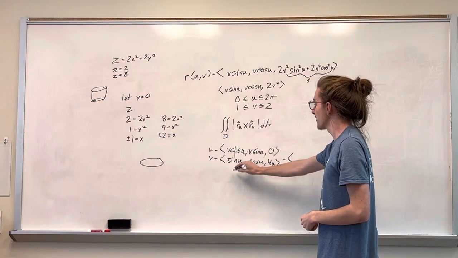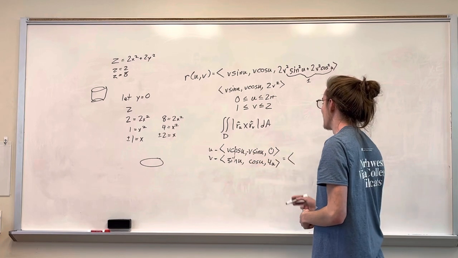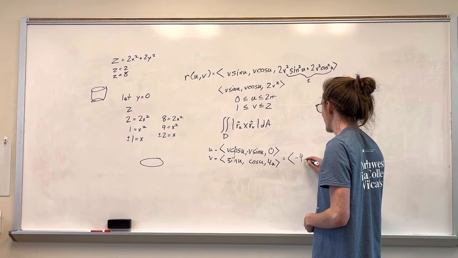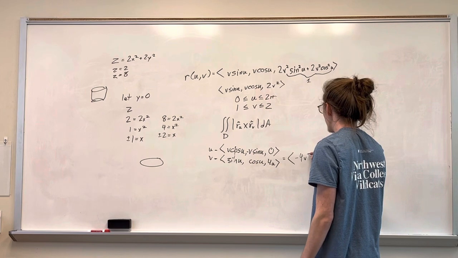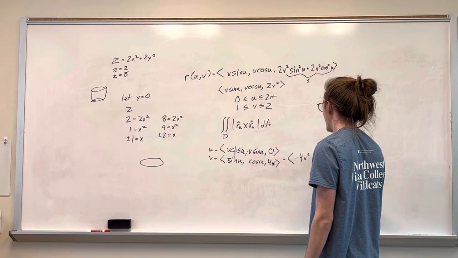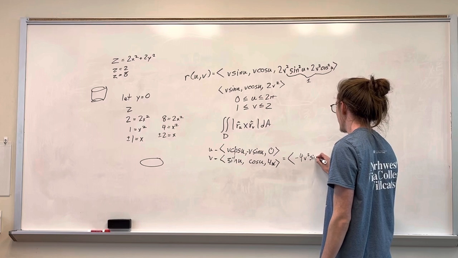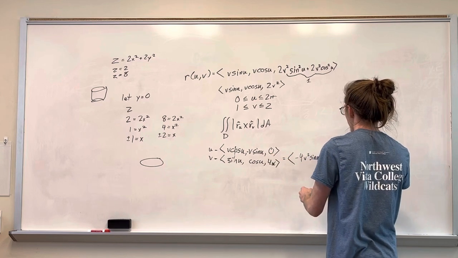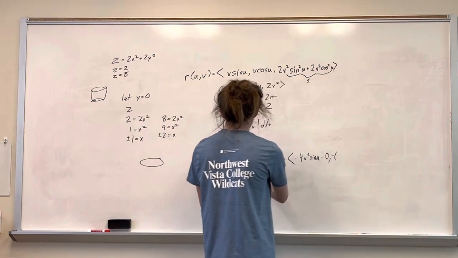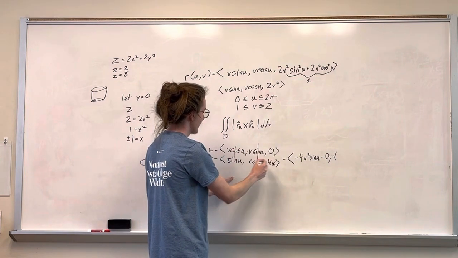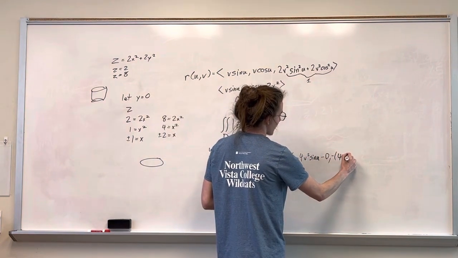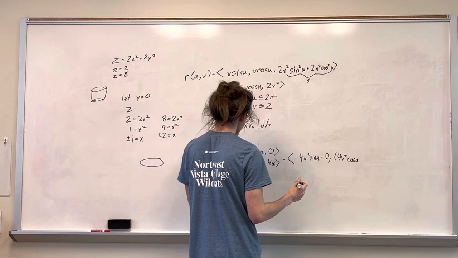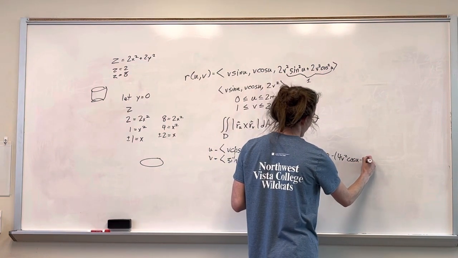And now we just cross them. Cross out the front. Going diagonal, you get 4v squared sine u. Don't forget the negative, multiplied by 0, negative in front, cross out the middles, and that's another 4v squared cosine u, and then it's multiplied by 0.